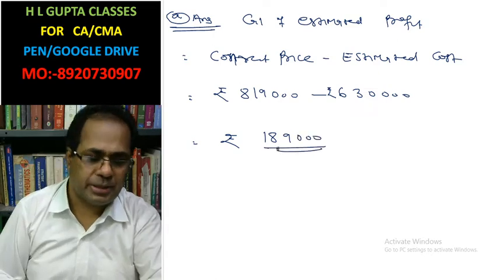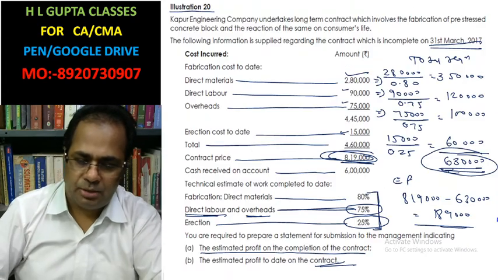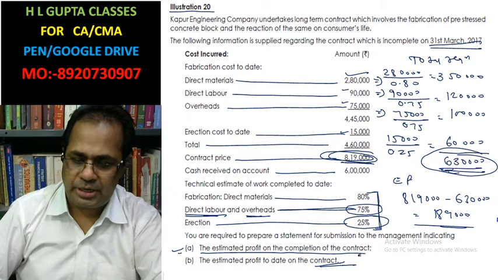This you had to calculate first: the estimated profit on the completion of the contract.